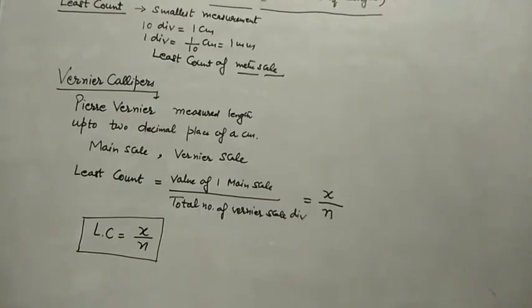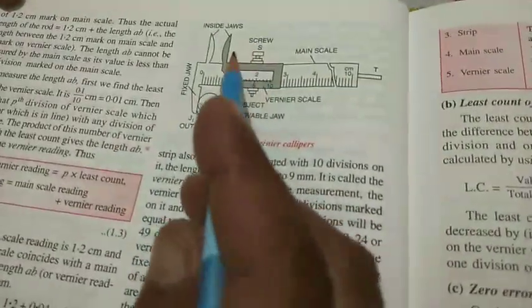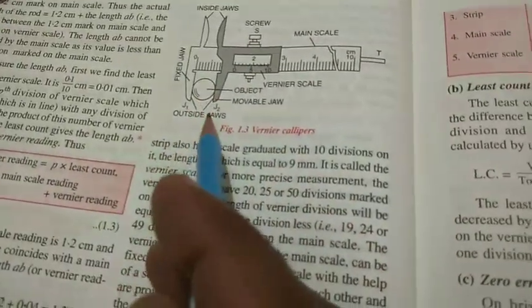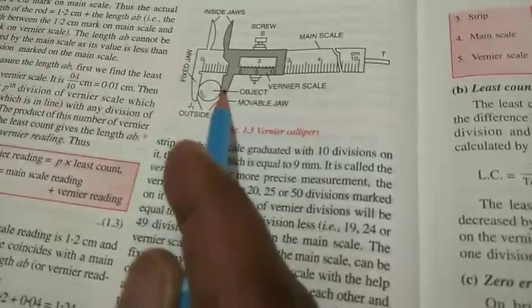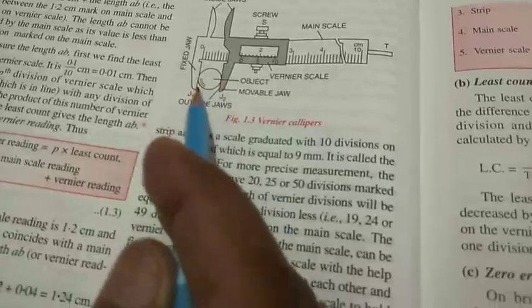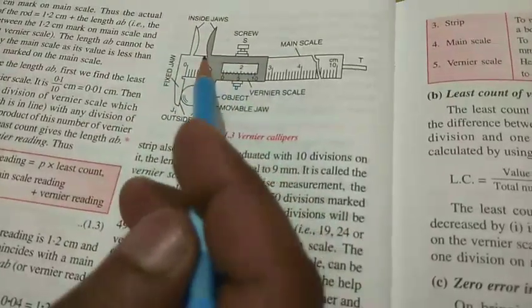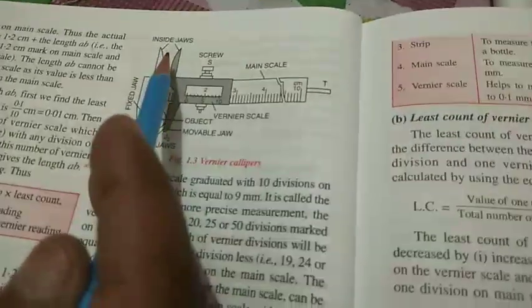After this, about the vernier calipers. This vernier caliper is also known as slide calipers, so I'll try to explain this from this diagram. These are the external jaws, which are used to measure the external diameter, as it is holding this spherical object, and these are the inside jaws, which are used to find the internal diameter.